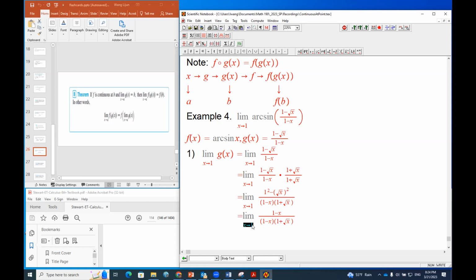X is approaching 1, but x is never 1, it gets closer and closer to 1. Therefore, 1 minus x is not 0. Because 1 minus x is not 0, we can reduce this on the next step.